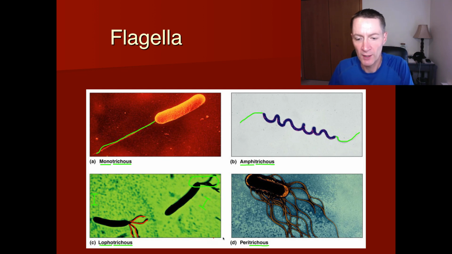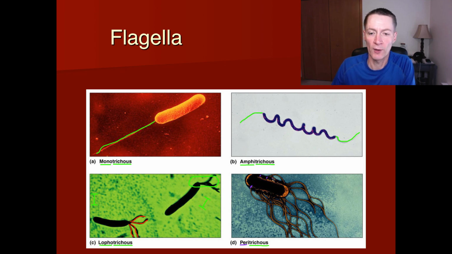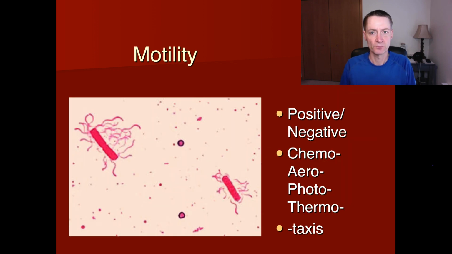And then peri, let's use purple for peri, would indicate that there are numerous spots around the cell where these flagella originate. So lots of different ways these flagella can actually attach.